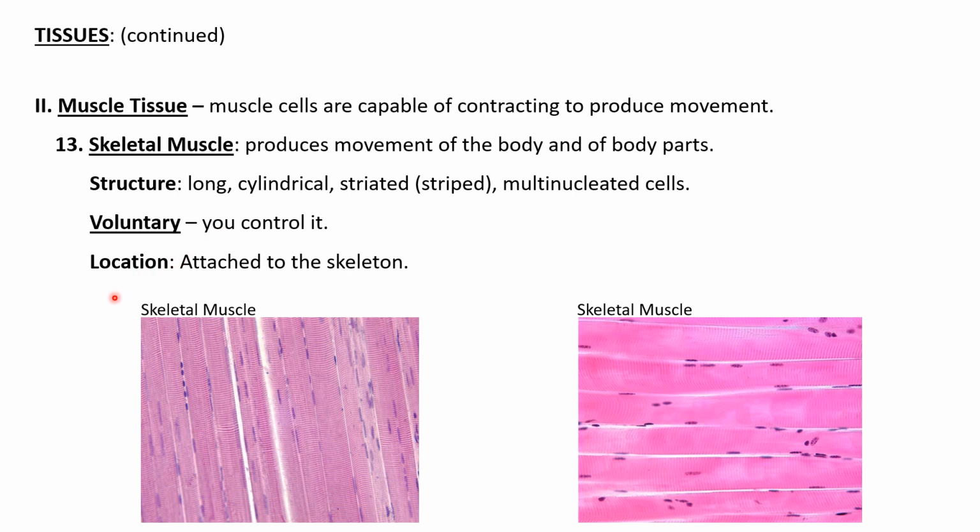If you decide you want to bend your arm at the elbow, you can do it. Because your biceps brachii, which is in your upper arm, is going to contract and shorten, and it's going to pull on your lower arm, but you control that. So attached to the skeleton, skeletal muscle.